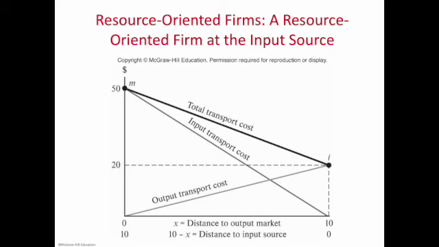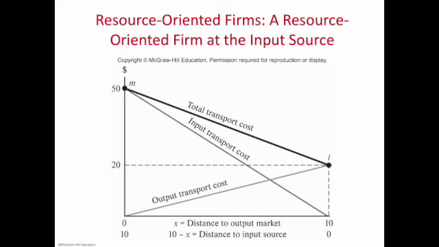The vertical axis shows cost in dollars, listing 0, 20, and 50. The line for input transport cost goes down from M (0, 50) to (10, 0). The line for output transport cost goes up from (0, 0) to I (10, 20). The line for total transport cost goes down from M (0, 50) to I (10, 20).